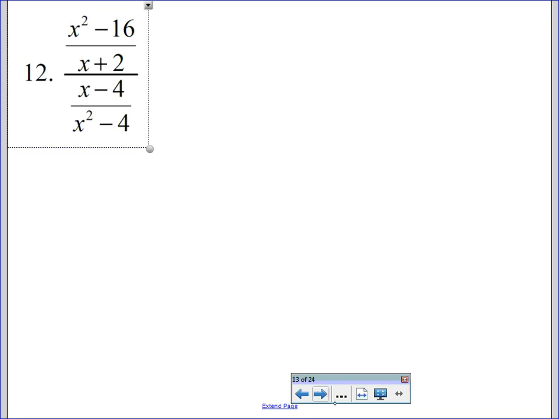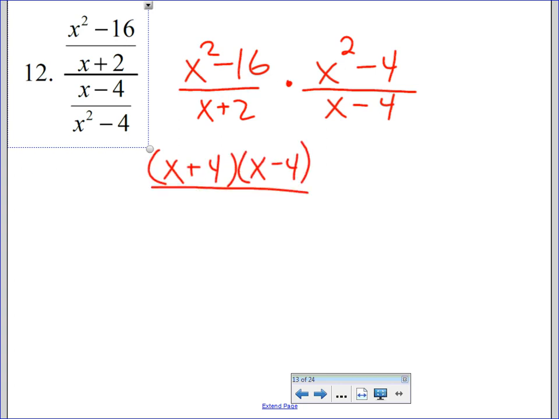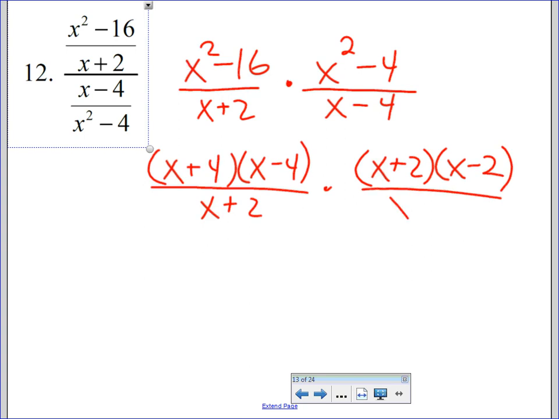All right, for this one, once again, I'm going to skip straight to multiplying by the reciprocal. Now, at first glance, it doesn't look like anything will cancel, but I can factor the numerator over here because it's a difference of squares.